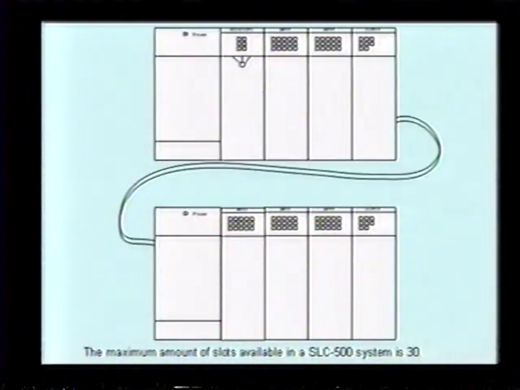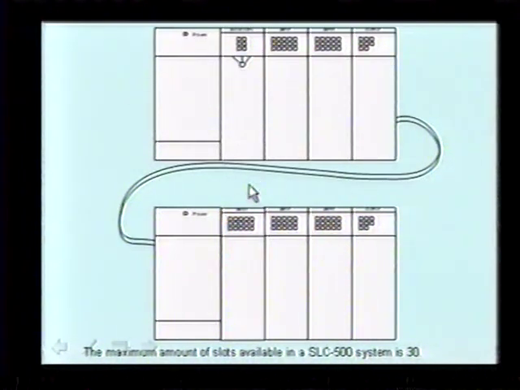So here in this example we have 2 4-slot racks connected together with a cable. The maximum slots you can have in an SLC 500 system is 30 slots. Here you can see you have to have 2 power supplies, one for each rack. You've got a CPU, then an input card and an output card. And then on the next rack, this is rack 0, this is rack 1. Here you have another input card, another input card, and another input card, and then an output card.